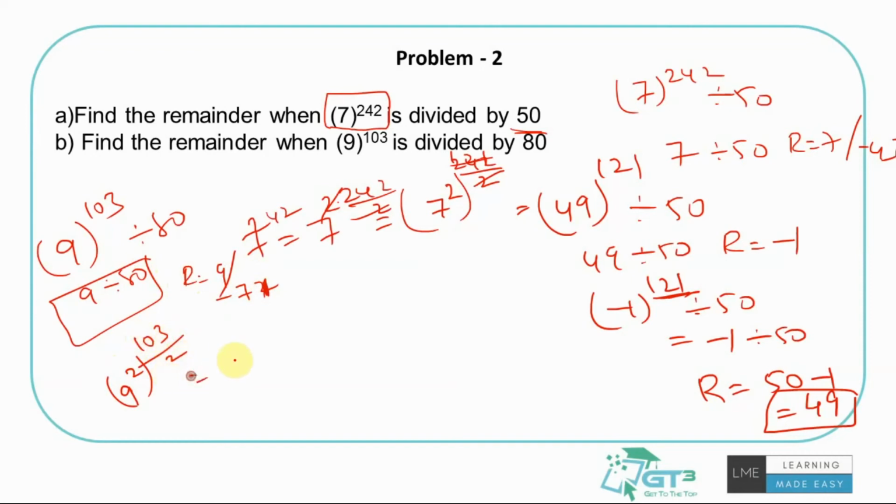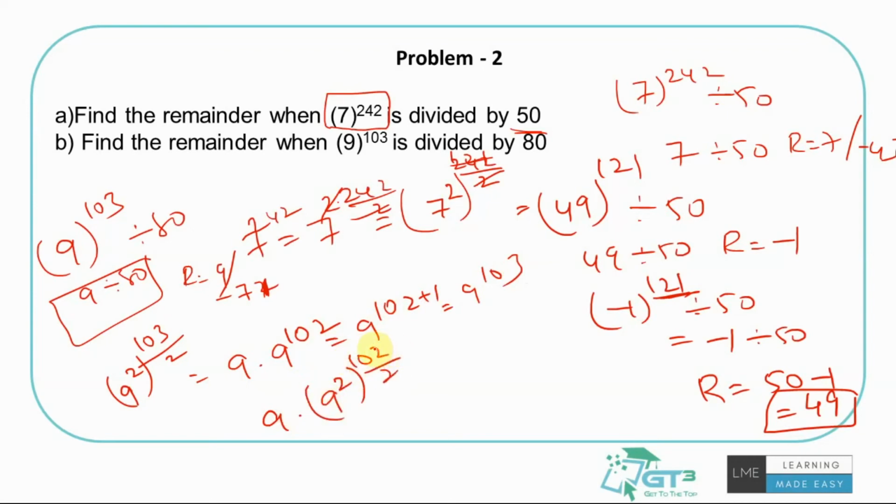Rather, I'll just split this as 9 into 9 power 102, right? It's fundamentally the same as 9 power 102 plus 1, so 9 power 103. Now I'll do this because now I have an even power, so I can actually divide by 2, right? So this will become 9 into 81 power 102 by 2, which is 51, divided by 80.